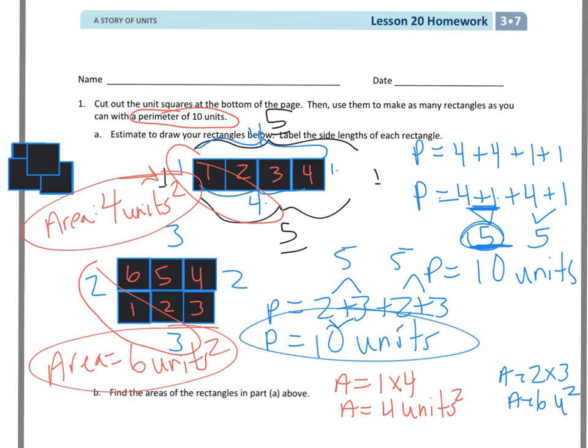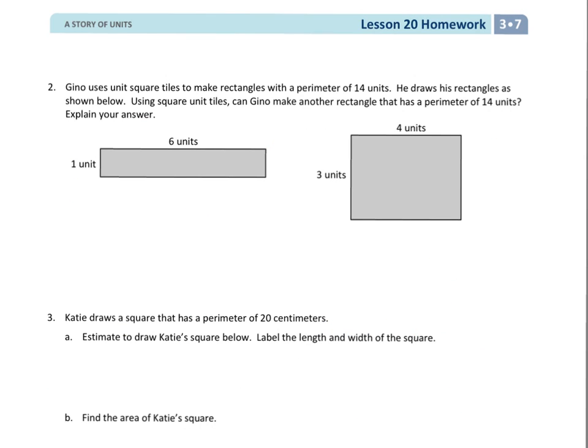So let's take a look at page 2. On page 2 it says, Gino uses unit square tiles to make rectangles with a perimeter of 14. He draws his rectangles as shown below. Use square unit tiles. Can Gino make another rectangle that has a perimeter of 14 units?